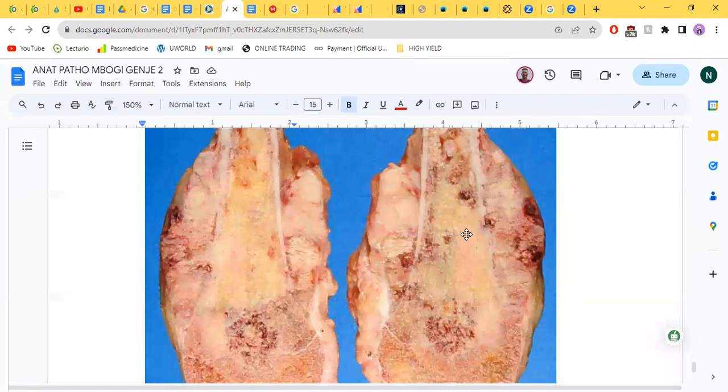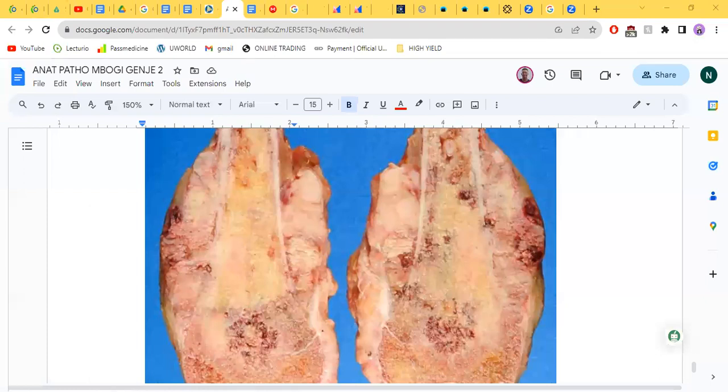What else from this other picture here? There's some cystic degeneration. How about the color? Yes, it's sort of yellowish, and there's hyperemia. I agree there's hyperemia. Hyperemia and hemorrhage can be evidenced by the red tinge.